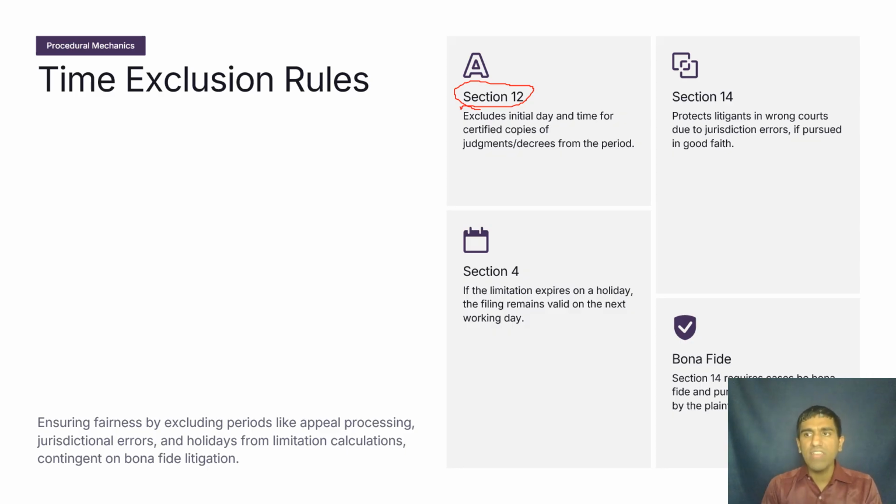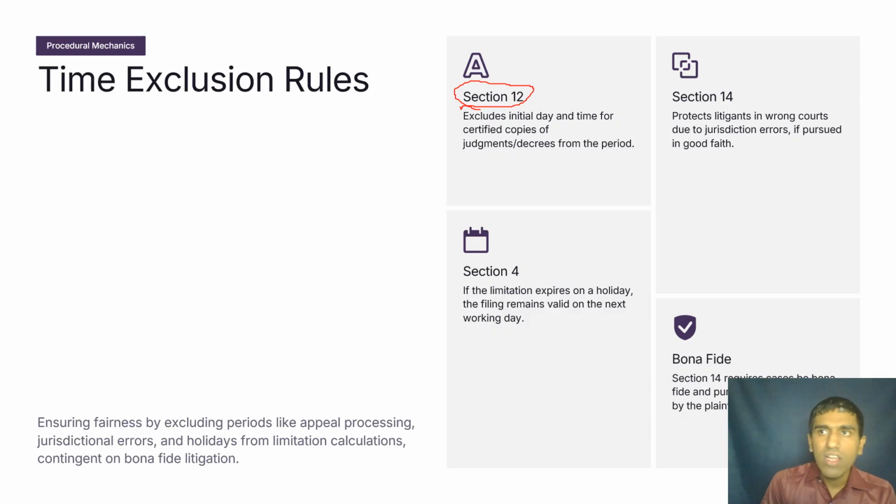if in an original case a judgment has been passed, and you are not satisfied with the judgment, and you want to file an appeal before a higher court, or you want to apply for revision or review of such judgment before that very same court where the judgment was passed, then certain days would be excluded here.